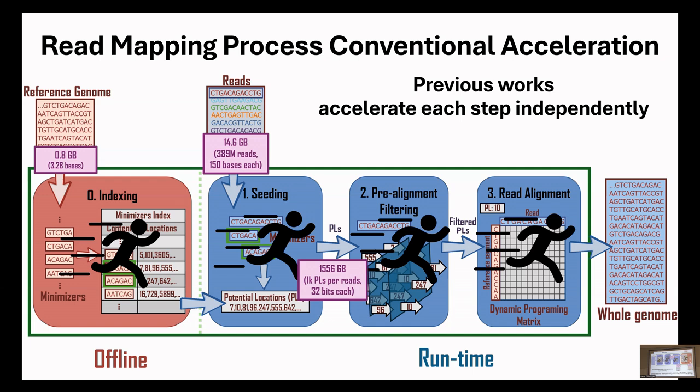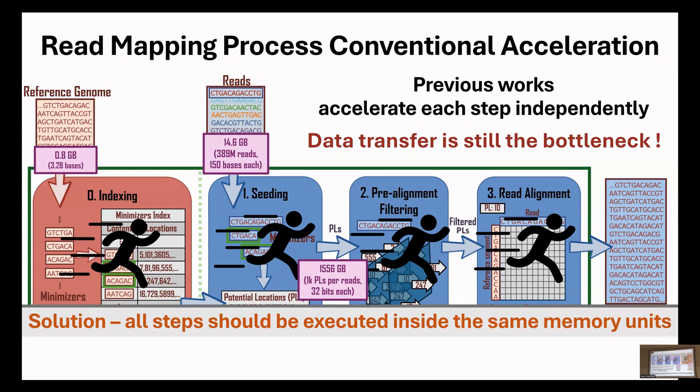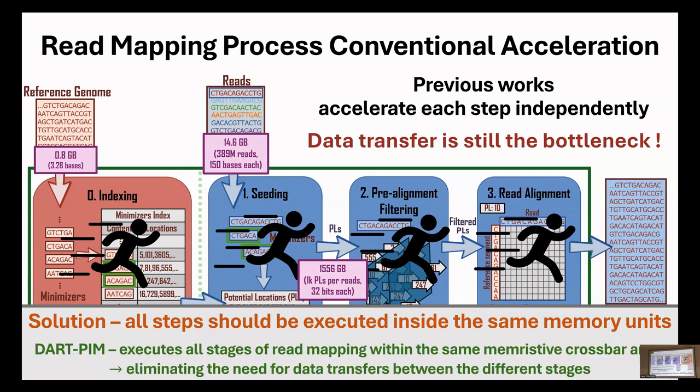Meaning that if we accelerate one stage, write the results to memory, and then need to read them again to perform the next stage, the data movement inside our system still limits performance. So the solution is to perform all the steps inside the same memory units. And this is what DART-PIM does. It executes all the stages of read mapping within the same memristive crossbar array, and it eliminates the need to transfer data between the different stages.